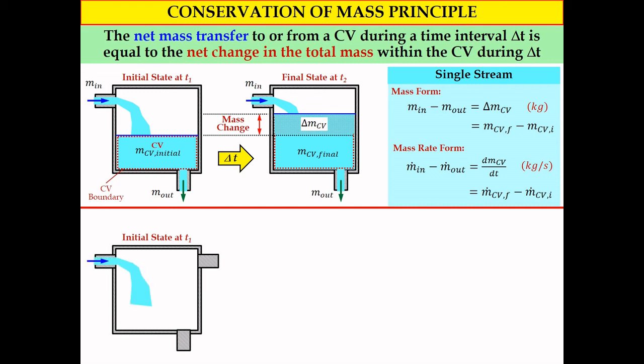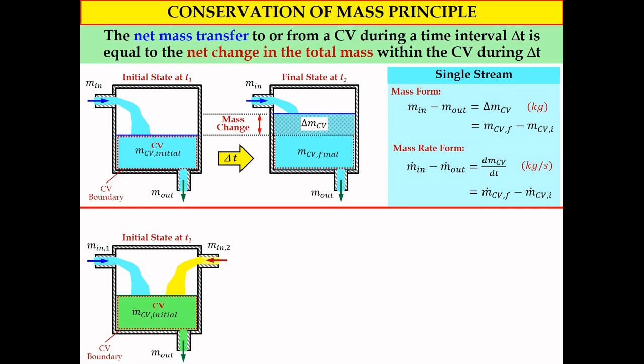We have mass in at inlet number 1 and mass in at inlet number 2, and only one mass out. The red dashed line represents the control volume boundary, and whatever substance is inside the boundary we consider as the control volume.